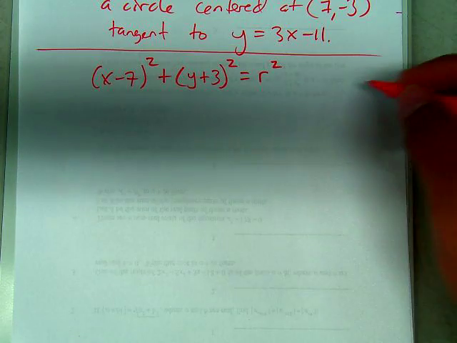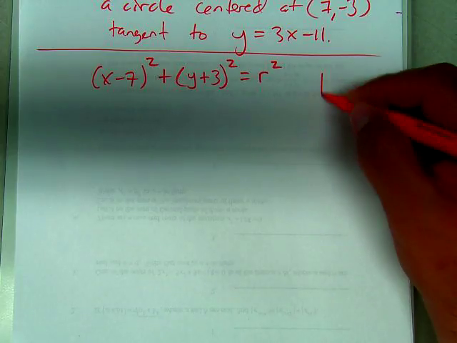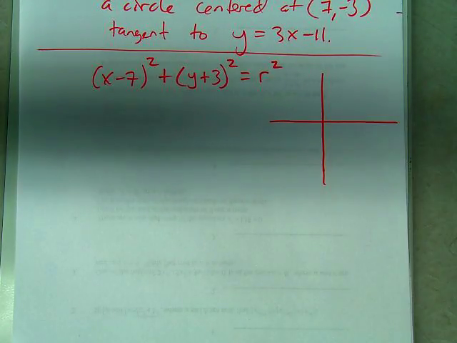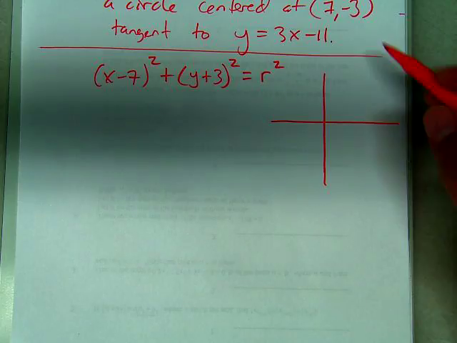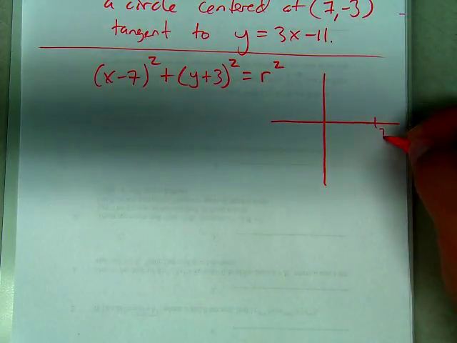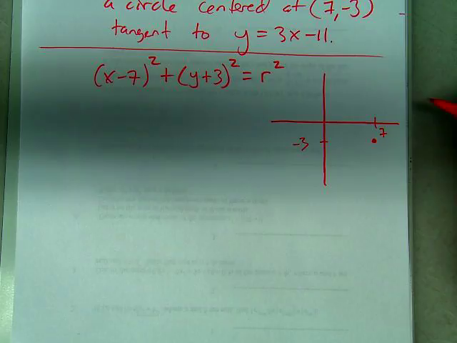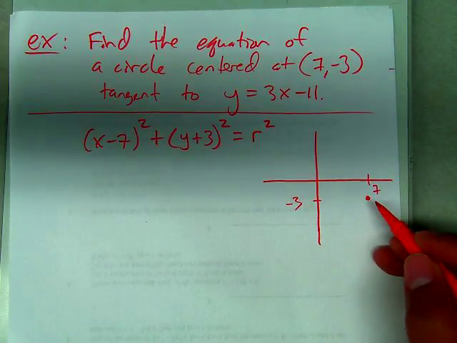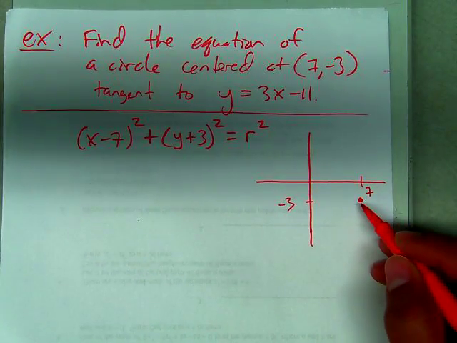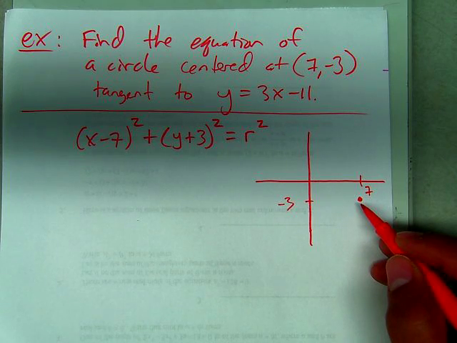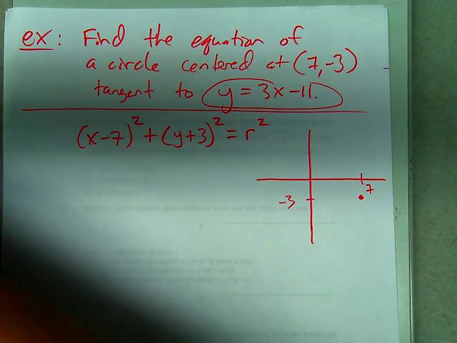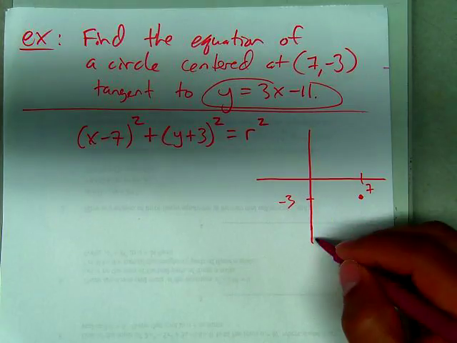Let's draw a picture first so everybody knows what's up. The center's over here at 7, -3 somewhere. Okay. Let me put this down so we can see it better. And now we have this line. -11 is down here somewhere.